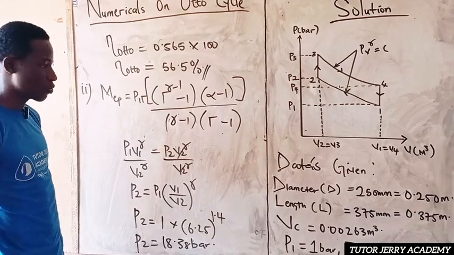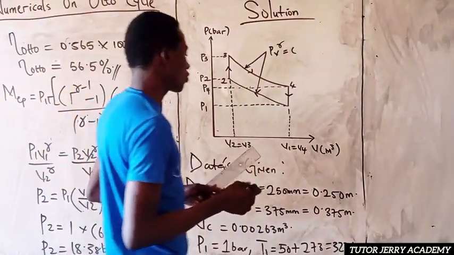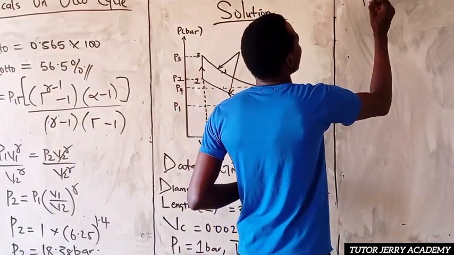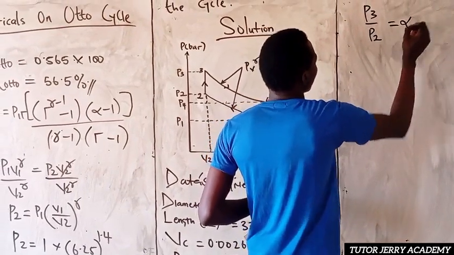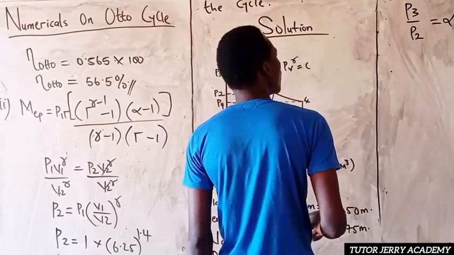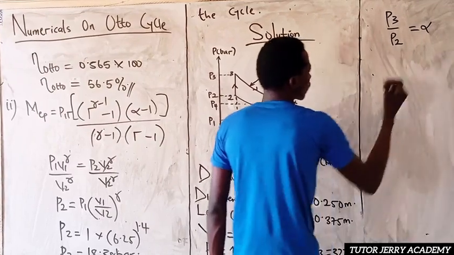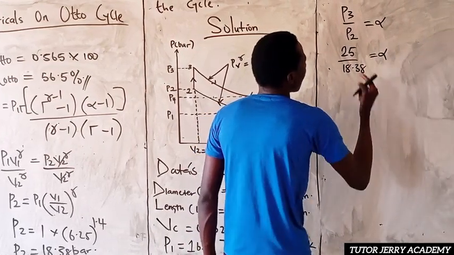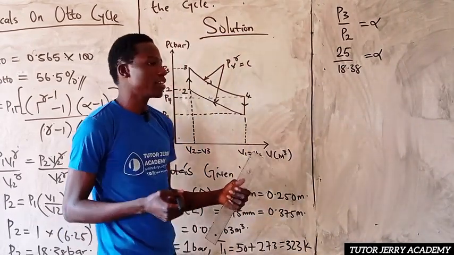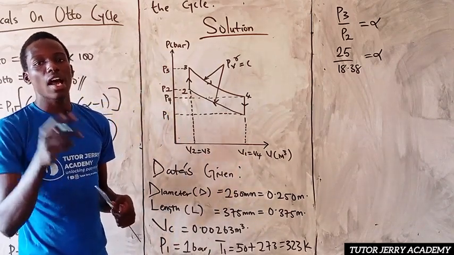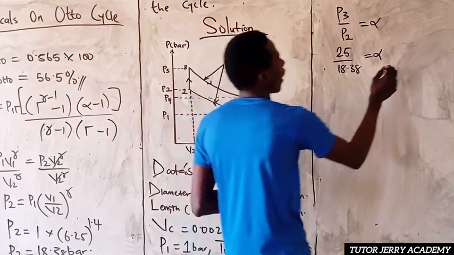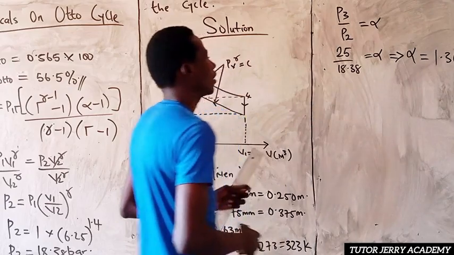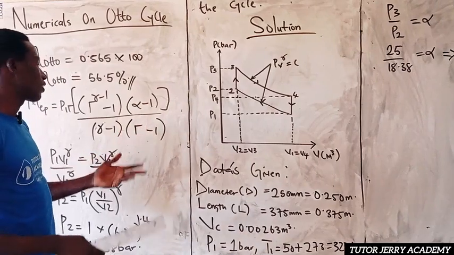So we can calculate alpha, the pressure ratio, because P3 over P2 equals alpha. Substituting, 25 over 18.38 equals alpha. This gives us alpha equal to 1.36.